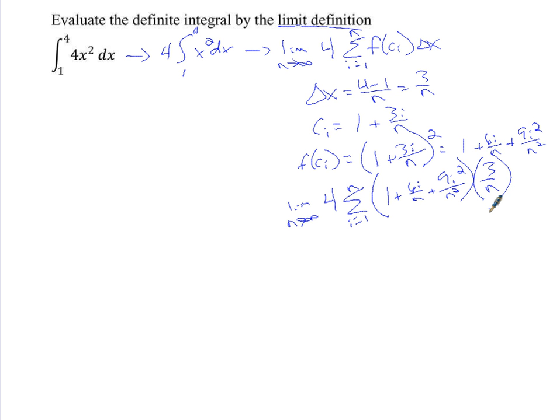Okay, now it's all written down nicely so that everybody sees that we know what we're doing. Now what do we do? Pull out the 3 over n. So now I have the limit as n approaches infinity. The 3 over n, where can I write that? How about 3 over n here times 4? So actually I have 12 over n.